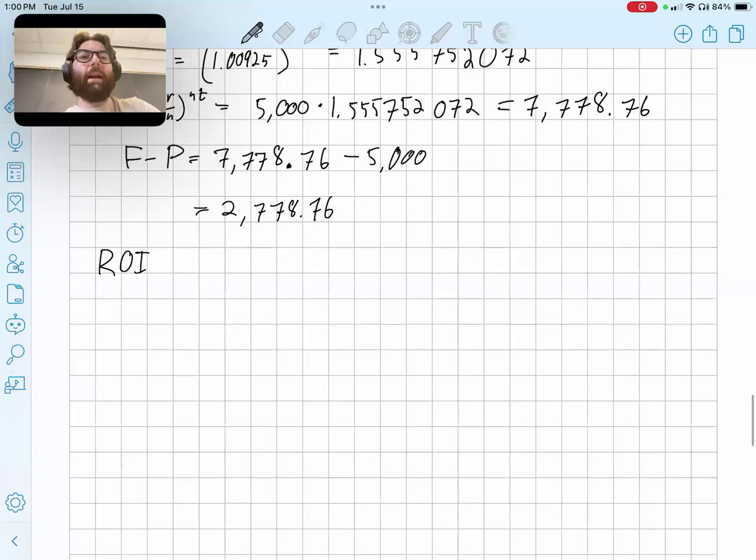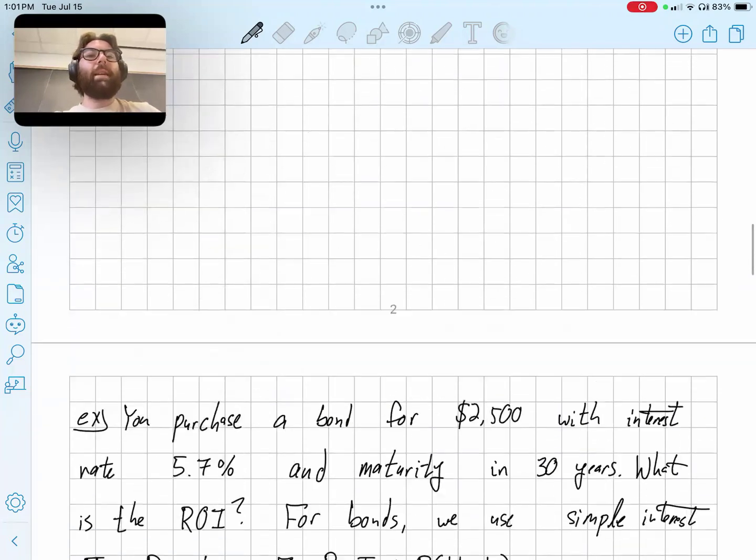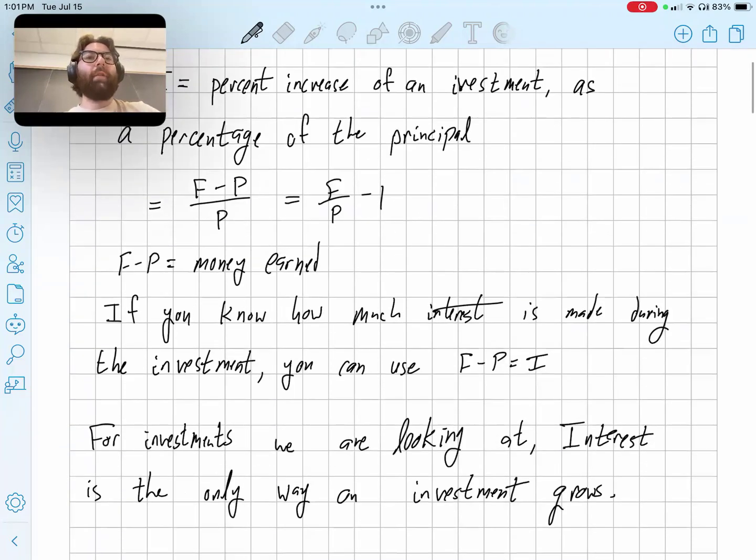Now our ROI is F minus P over P, so that's $2,778.76 over the initial $5,000, which equals 0.5558 or 55.58%.